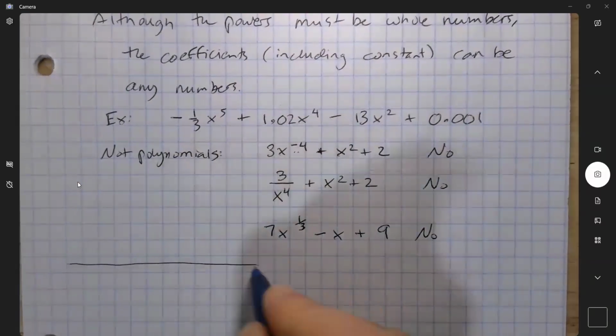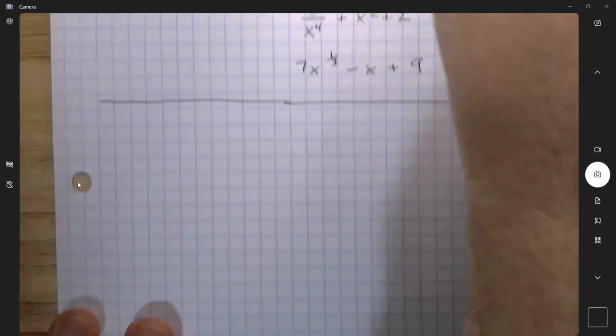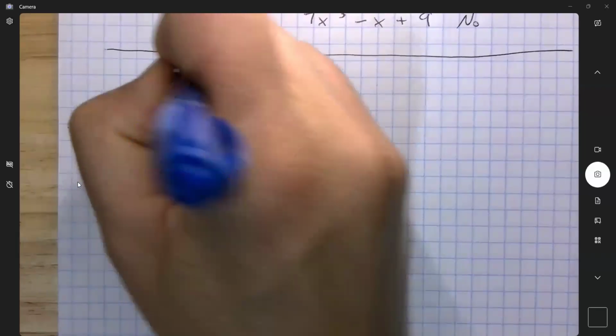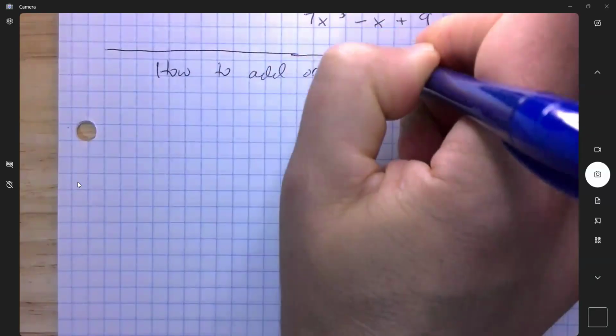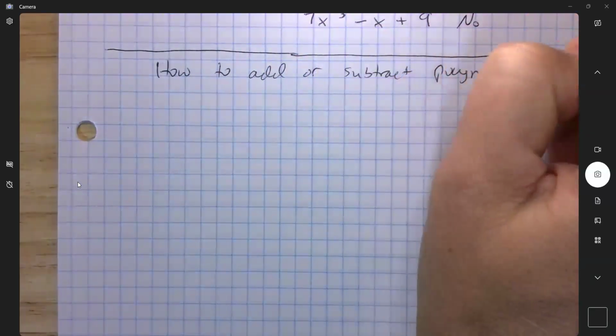Okay. Now that we know what polynomials are, let's start adding and subtracting them. How to add or subtract polynomials. The process is pretty straightforward.